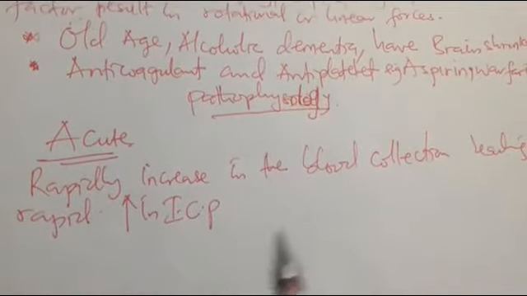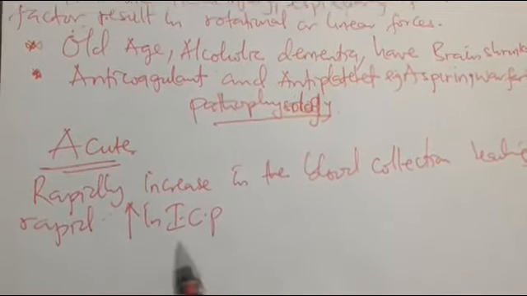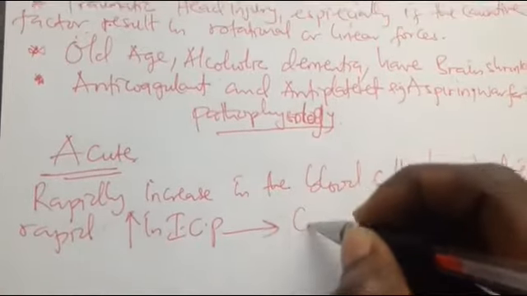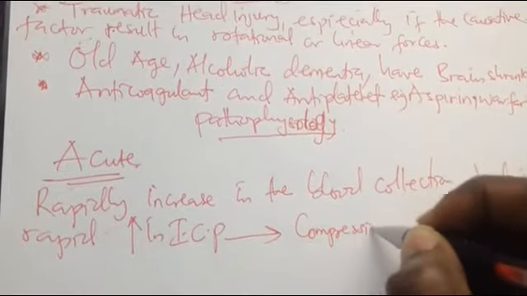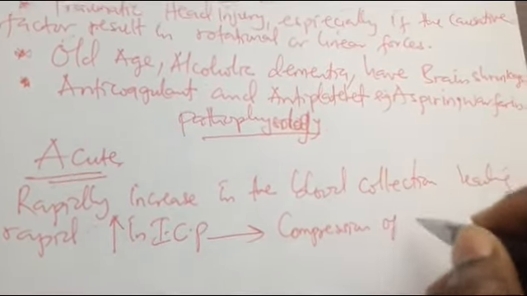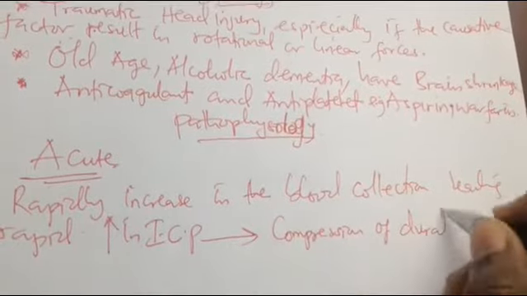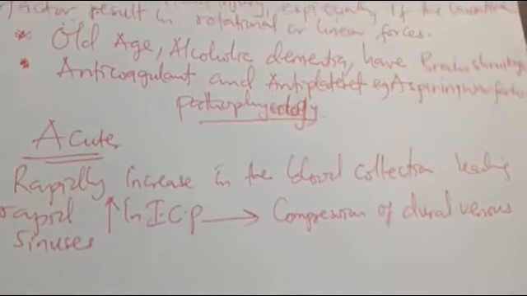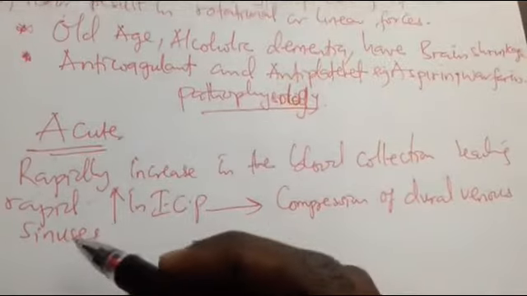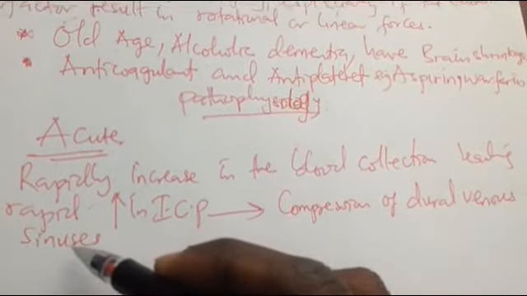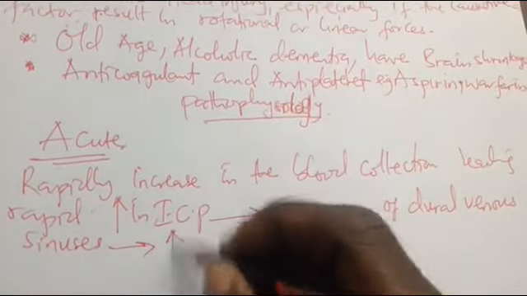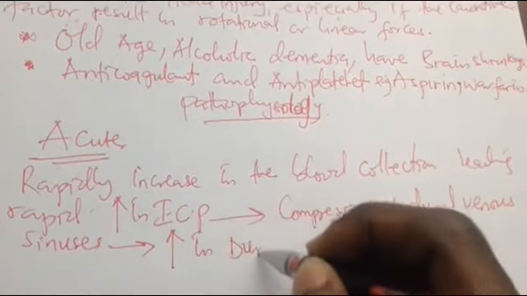As a result of this rapid increase in intracranial pressure, there is compression of the dural venous sinuses in the cranium, right? If there is compression of these venous sinuses, there is an increase in their pressure, leading to increased dural venous pressure.